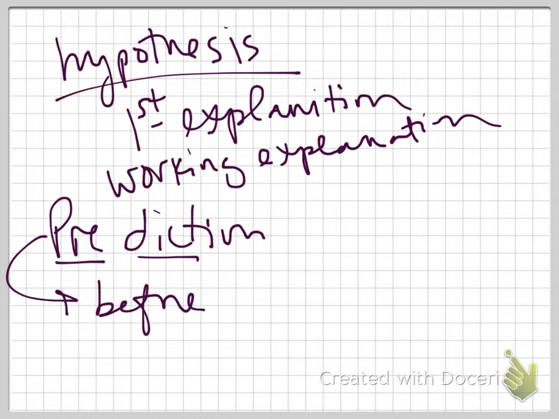To dictate. I could dictate a letter to you. That means I'm going to speak aloud what I want the letter to say, and you're going to write it down. To dictate can also mean to tell someone what to do, like a dictator in charge of a country.